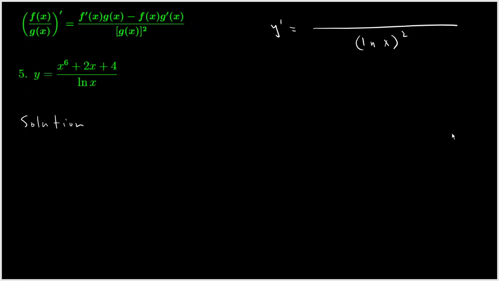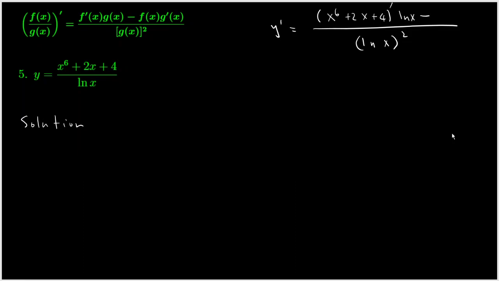And then the polynomial on the numerator is f of x, right? You take the derivative of the numerator, which is the derivative of x to the power of 6 plus 2x plus 4, the derivative of f, and then times g of x. Your g of x is natural log of x.